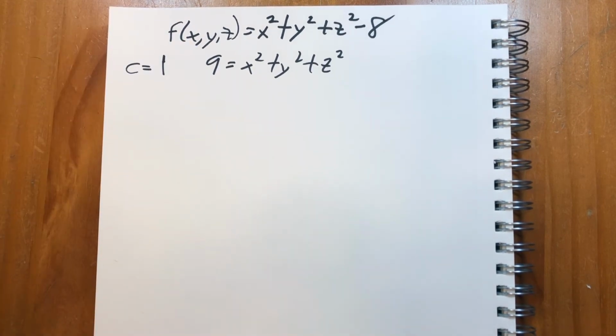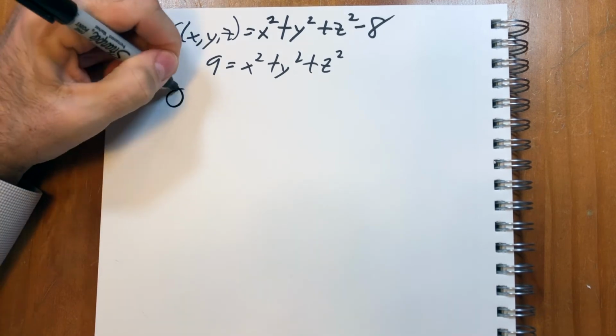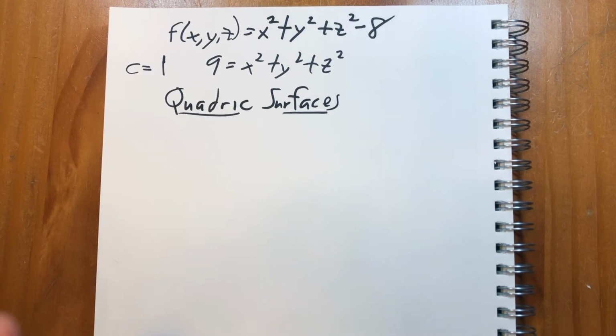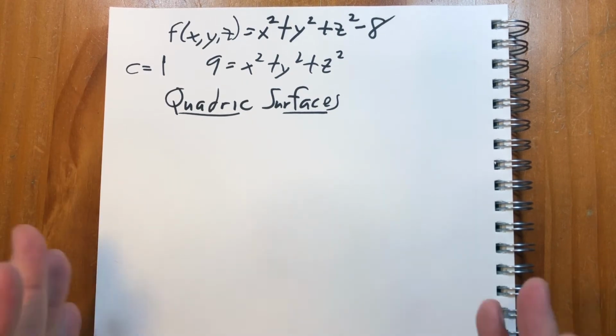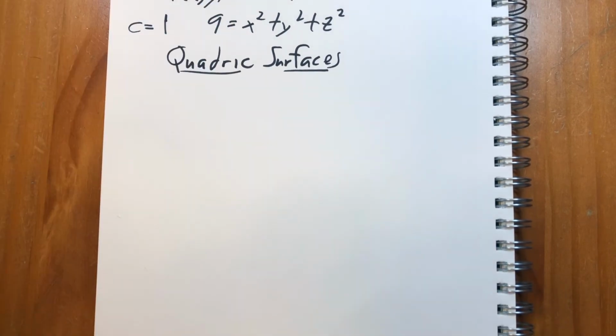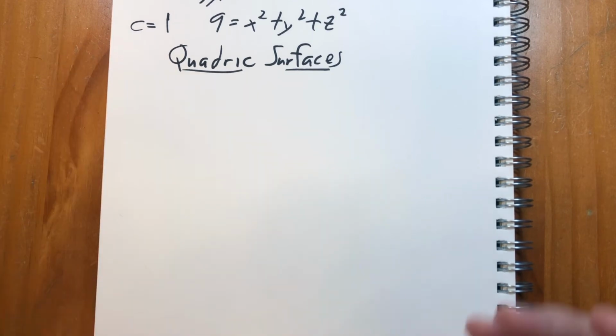Now we're going to look at the more fun surfaces, which are called quadric surfaces. But before we do that, let's just summarize some techniques for visualizing surfaces in 3 dimensions. And then we'll look at some examples of quadric surfaces and see if we can visualize them using these techniques.